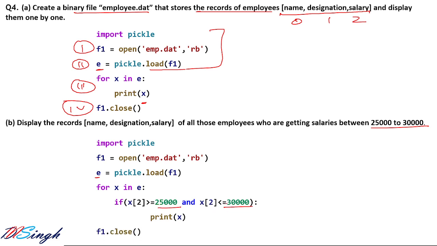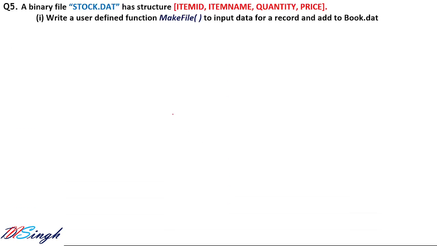Moving to the next question: a binary file stock.dat has a structure: item ID, item name, quantity, and price. Write a user-defined function make file to input data for the record. We write a function and open the file using the open function.